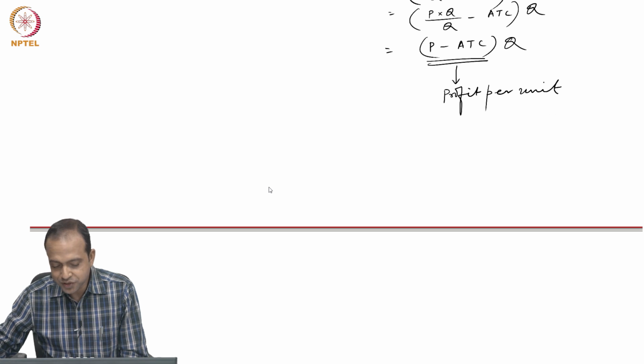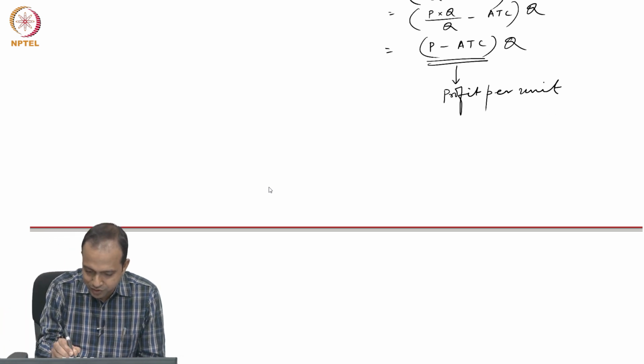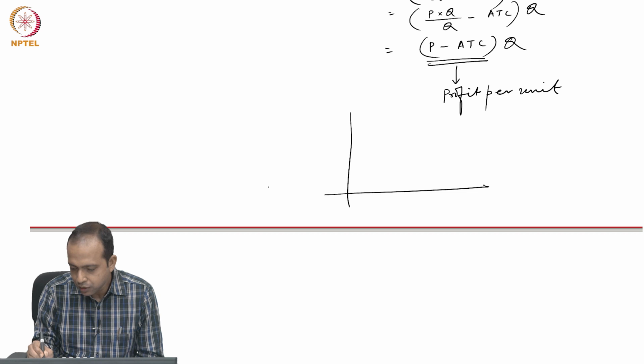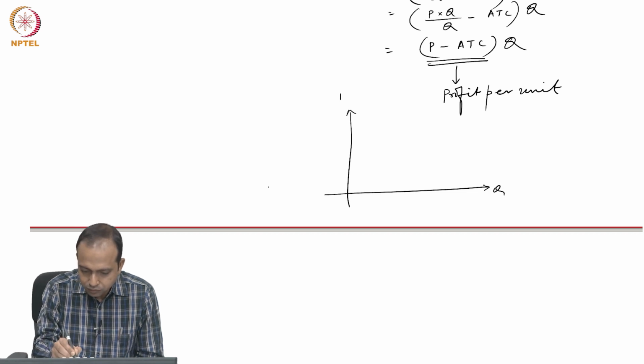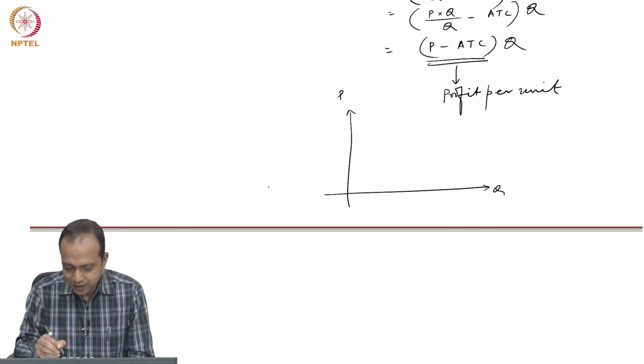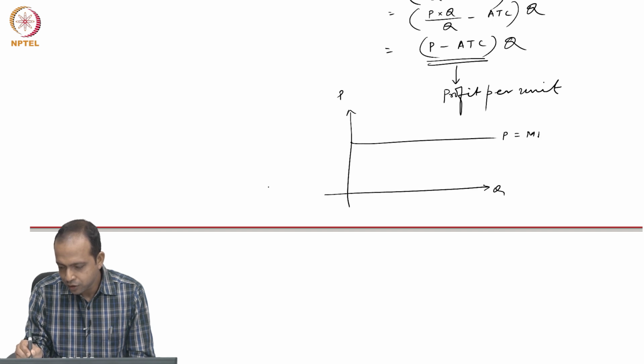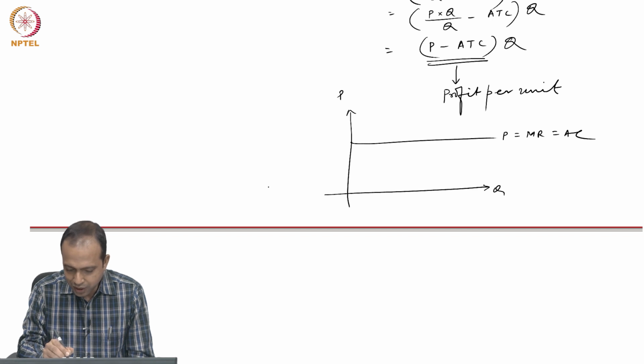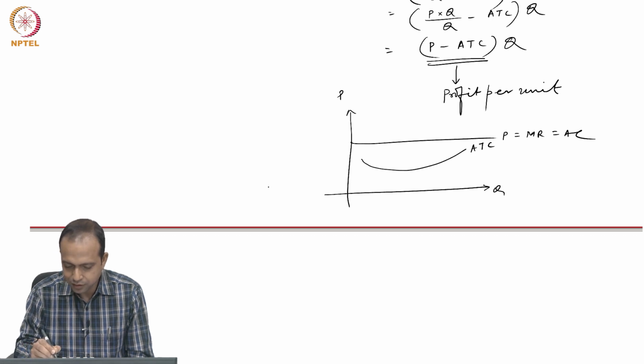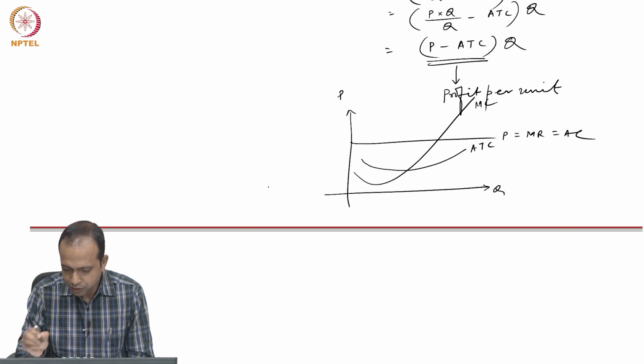So, in terms of a single diagram, if you represent this, let us say this is my P equals to MR equals to AR, right. So, you have this ATC, and you also have MC.